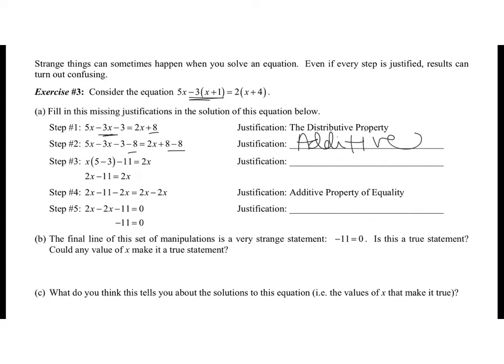And then it looks like it did the distributive property again by taking all of the x's and putting them together. Then step 4, it was the additive property, because it's subtracting 2x from each side. And then the last one is the commutative.